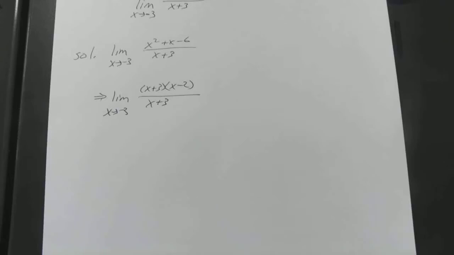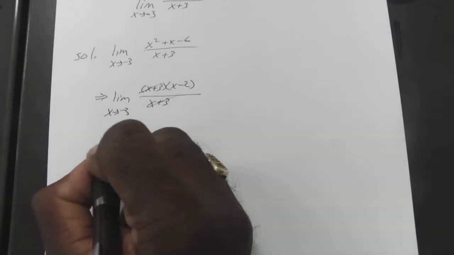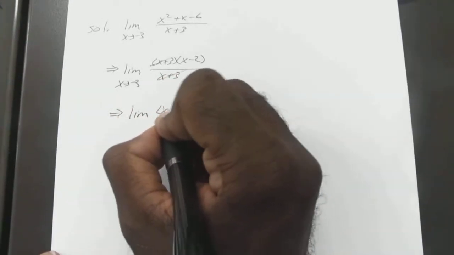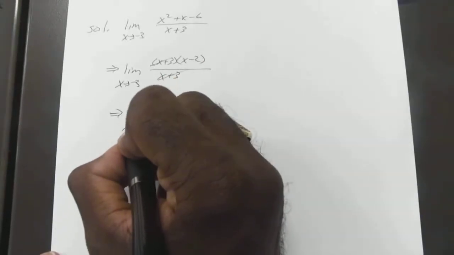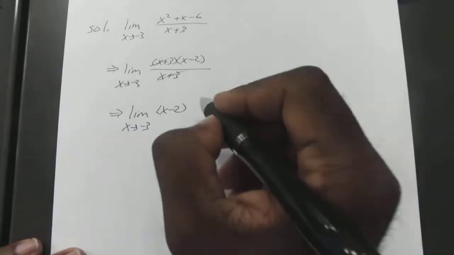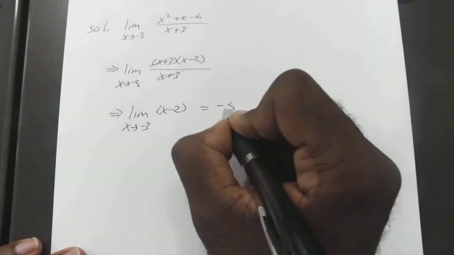The two x plus 3's cancel out, which means you have the limit of x minus 2 as x approaches -3. If you plug in your -3, you just get -5.